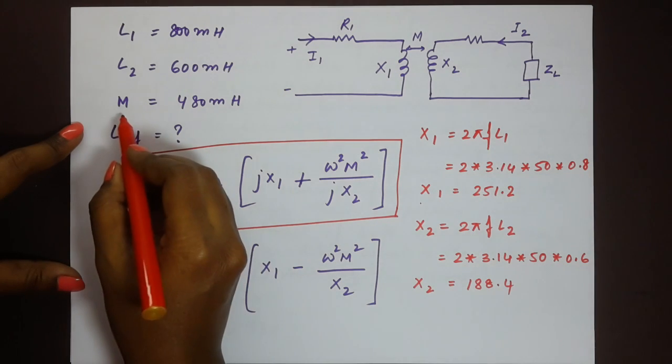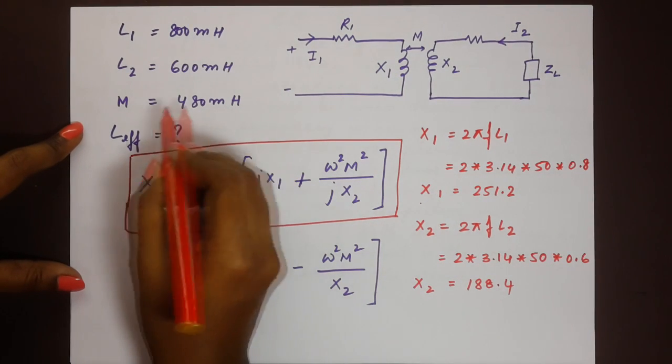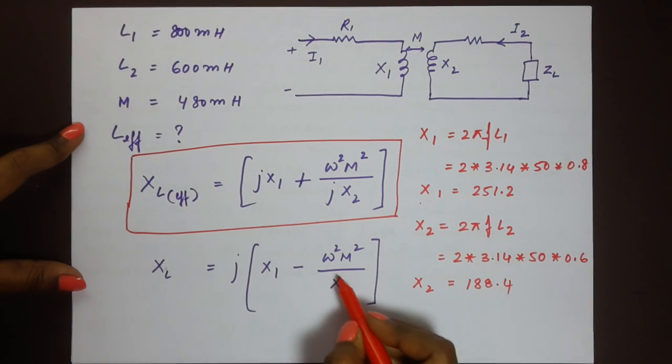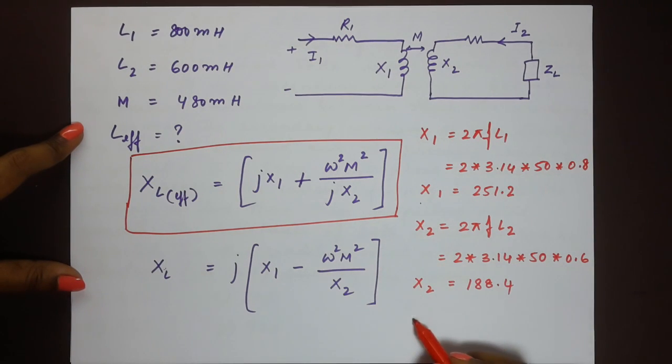We also have the value of M, 480 milli, which is 0.48. Now let's substitute all those three values here along with omega. Omega is 2 pi f, which is 2 into 3.14 into 50, and that gives us 314.